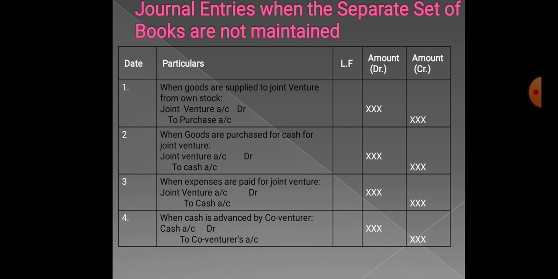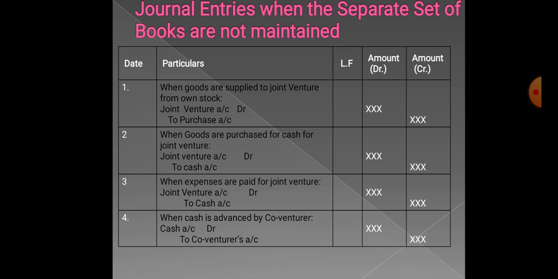Coming to the journal entries when a separate set of books is not maintained, the following entries are prepared. The first entry, when goods are supplied to the joint venture from own stock: joint venture account debit to purchases account.